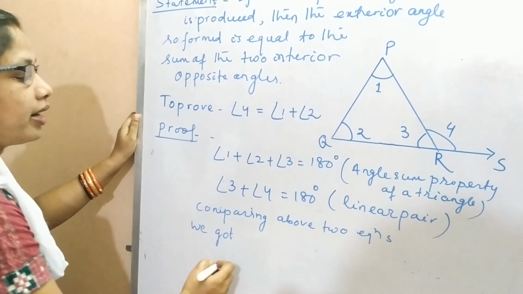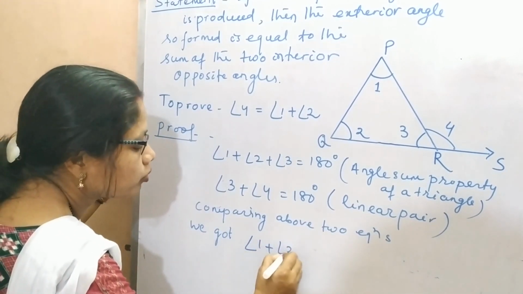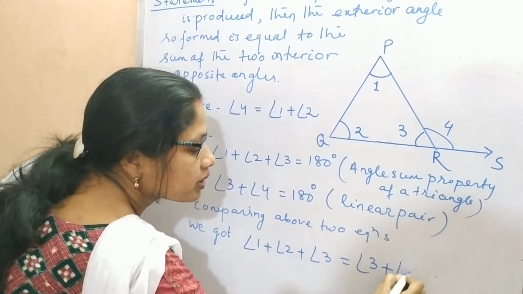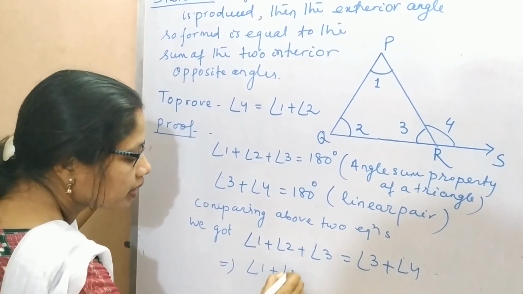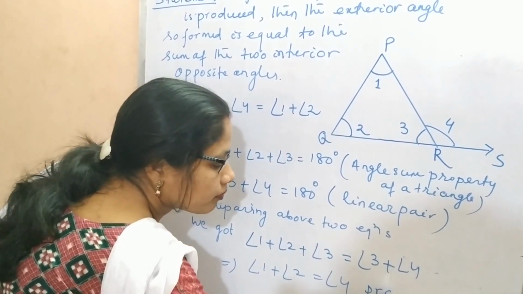So we can write angle 1 plus angle 2 plus angle 3 is equal to angle 3 plus angle 4. So this implies angle 1 plus angle 2 is equal to angle 4. So this is the proof.